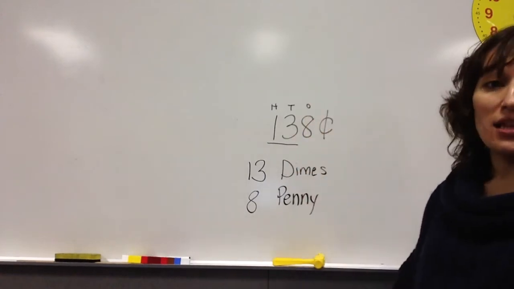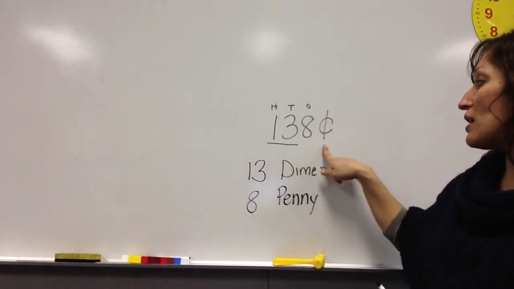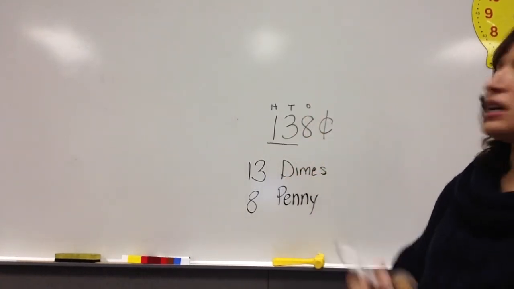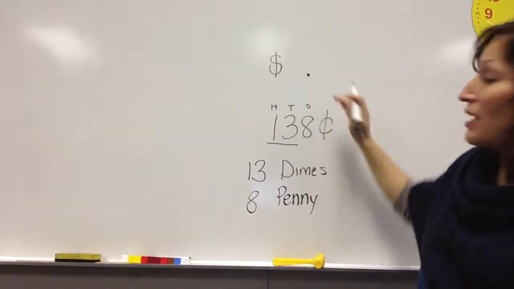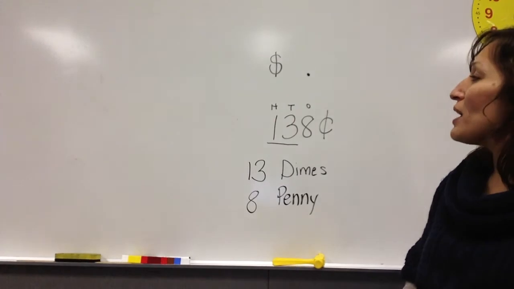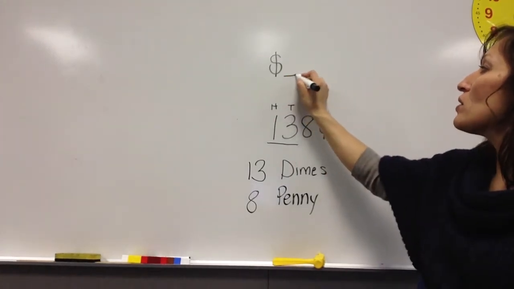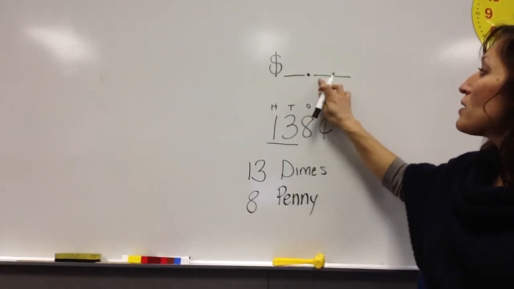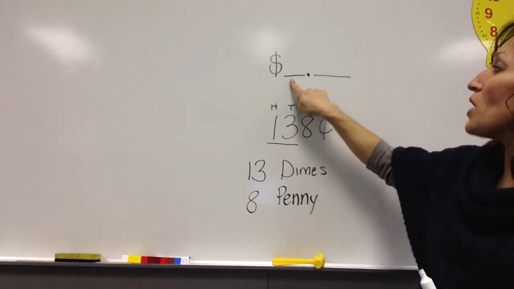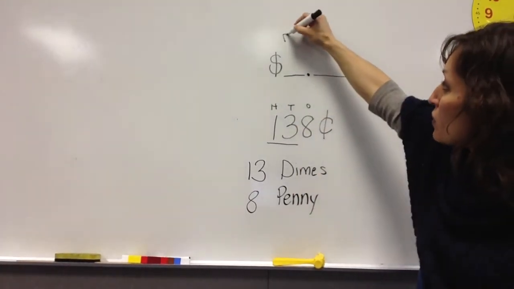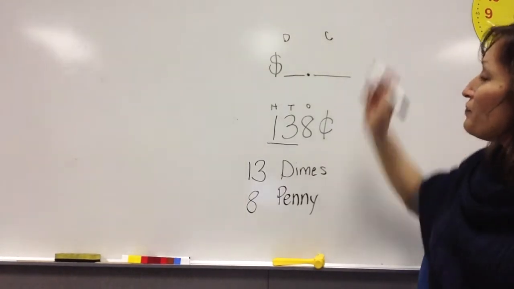We could also take this amount, 138 cents, and we could break it into dollars and cents. Whenever we're breaking money into dollars and cents, we need something to go in the middle, between the dollars part and the cents part.